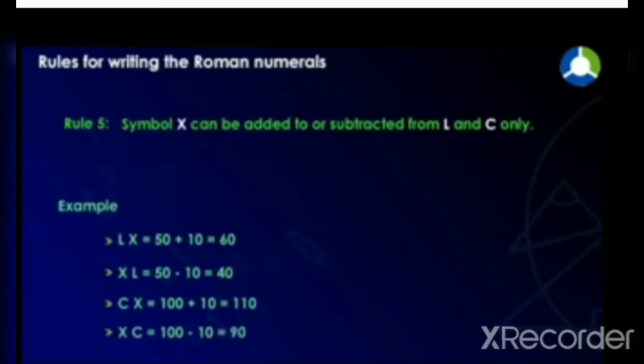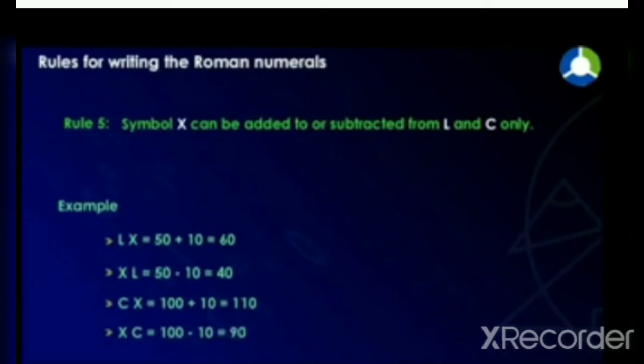That means we can add or subtract X from L and C. As an example, if somebody asks you to write 60 in Roman numerals, how will you do it? 60 is nothing but 50 plus 10, and because we have to add, 10 should come on the right hand side. So the answer in Roman numerals will be LX. Here L stands for 50 and X stands for 10.